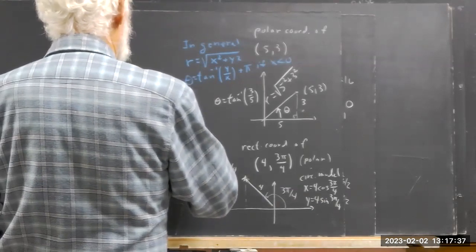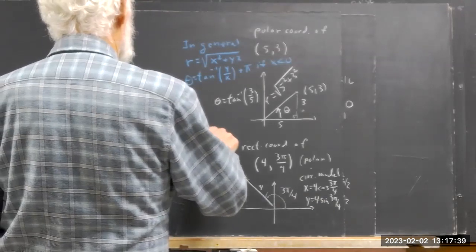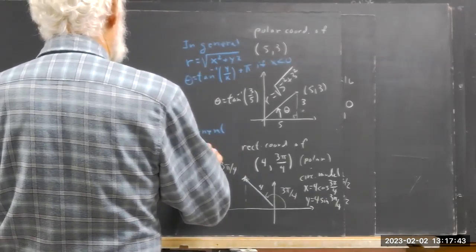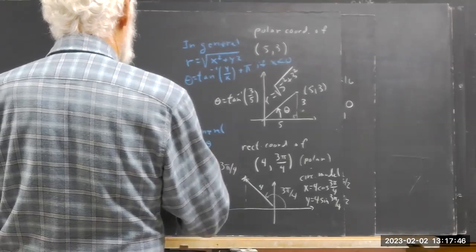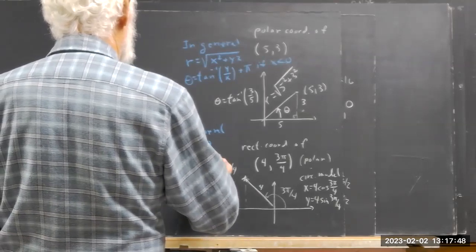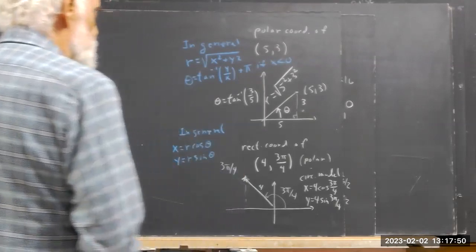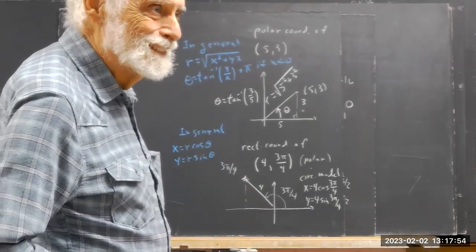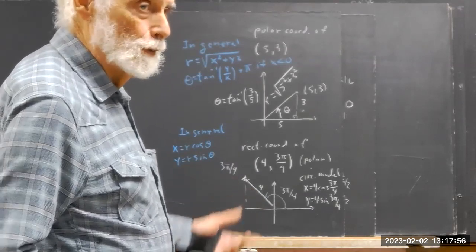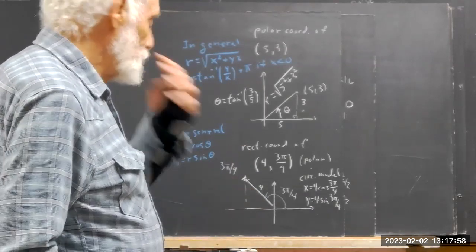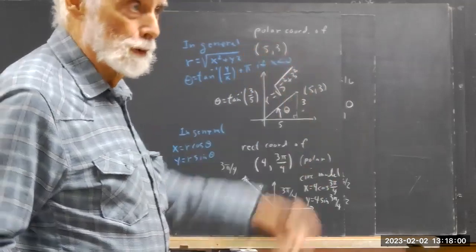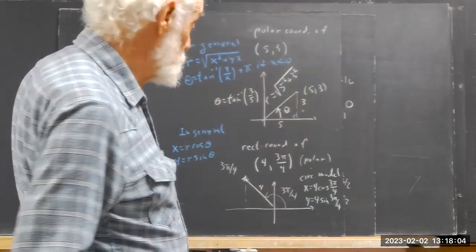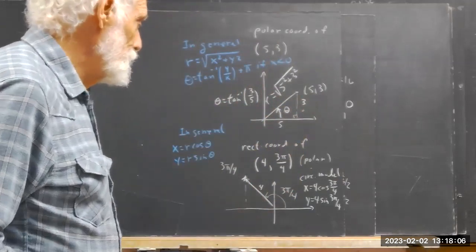So in general, now you could do this triangle and say, well, that's 45 degrees. Cosine of 45 degrees, and this time it's negative square root of 2 over 2. Sine is square root of 2 over 2, multiply by 4, and you get it.